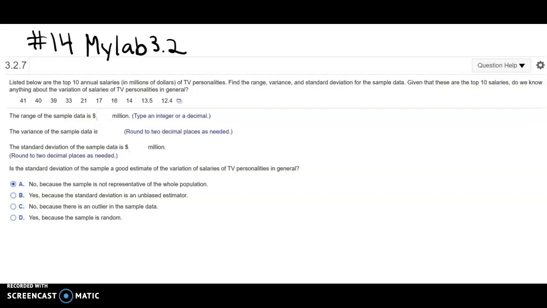Given that these are the top 10 salaries, do we know anything about the variation of the salaries of TV personalities in general? So the first part, we're just finding the range of the sample data, and that would be the maximum minus the minimum. Looking at the data here, the highest number that we see is 41, and that's 41 million.